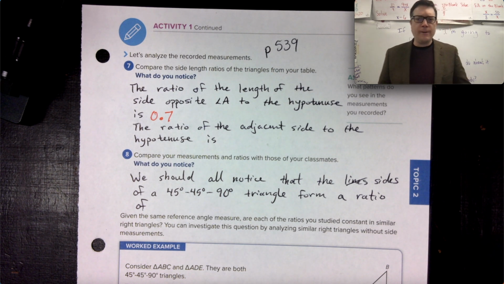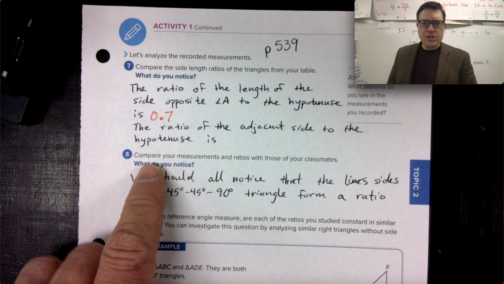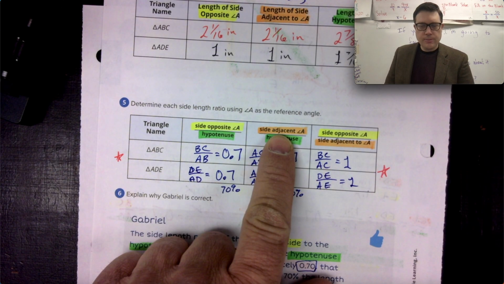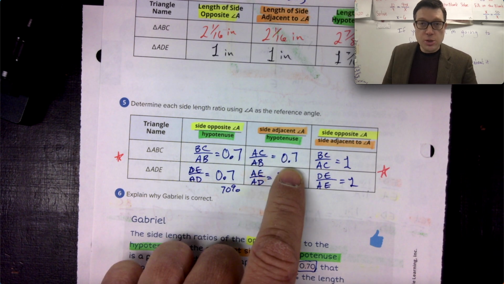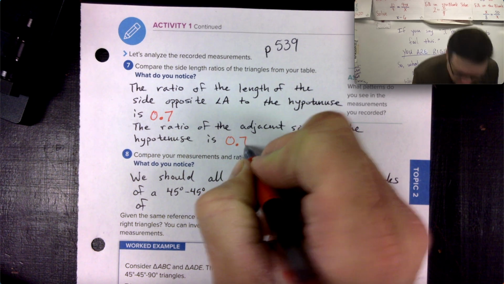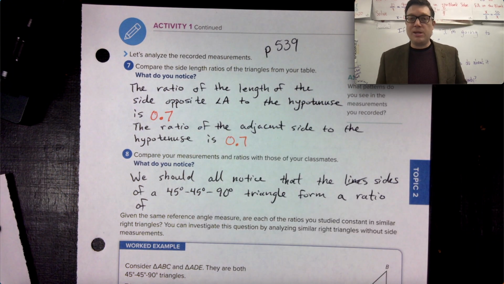of activity 1. The ratio of the adjacent side to the hypotenuse is also 0.7. This is not always going to be the case.